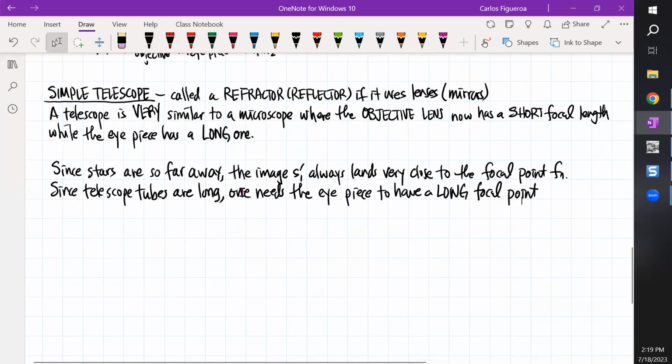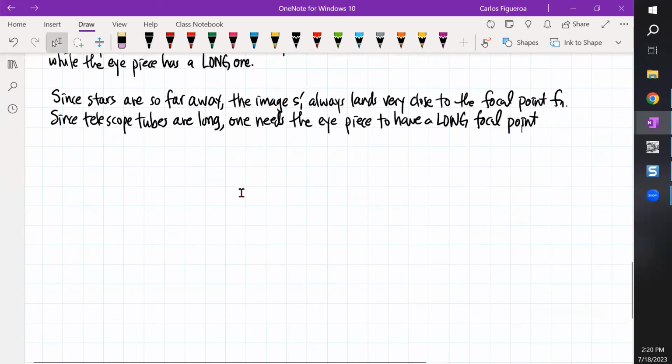So picture-wise, what do I see here? I could imagine that I have a star. And so when I'm looking at the star here, we could imagine that you get some type of image like this.